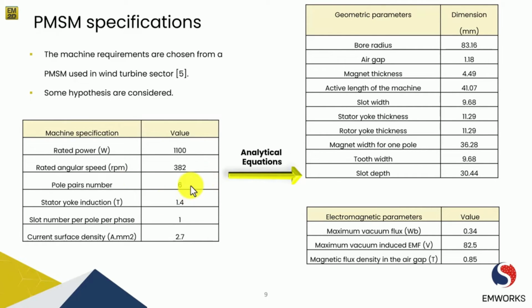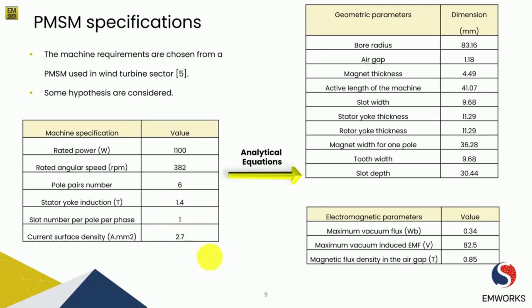We have considered a pole pair number of 6, and the stator yoke induction is at 1.4 Tesla, and we have also set the slot per pole per phase as 1, and we want our current density to be around 2.7 ampere per millimeter square.